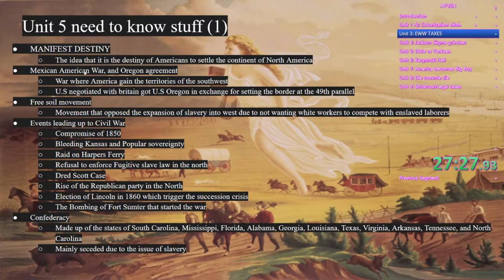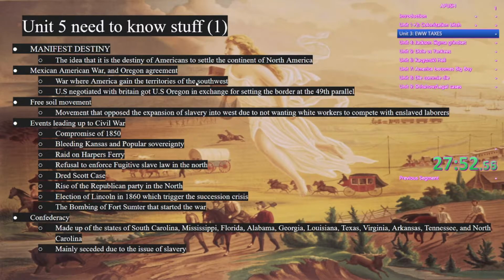Manifest Destiny is the idea that it was the destiny of Americans to settle the continent of North America, and they basically said screw you to all the Indians and the Mexicans. Speaking of which, in the Mexican-American War, the U.S. won the war easily, and they gained the territories of the modern U.S. Southwest.